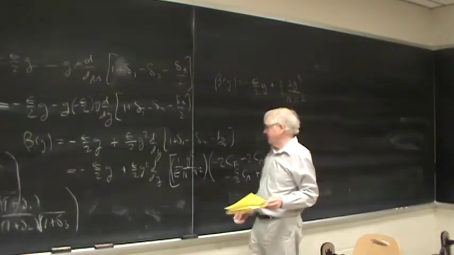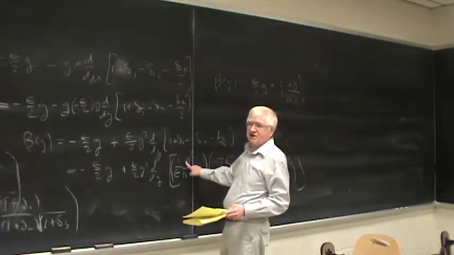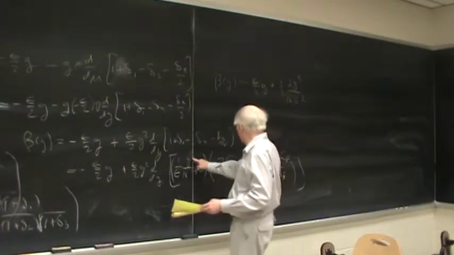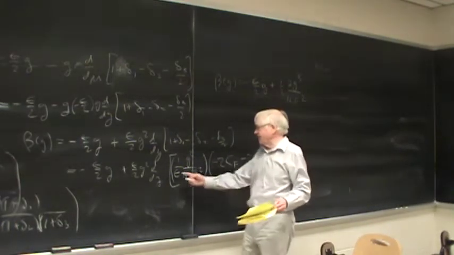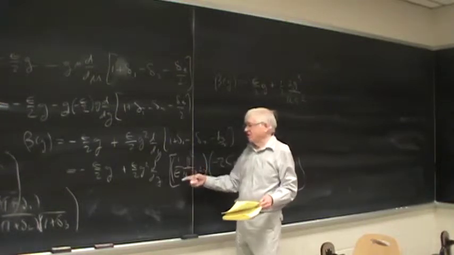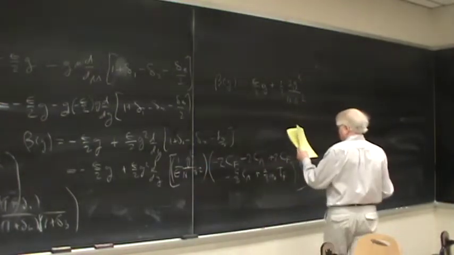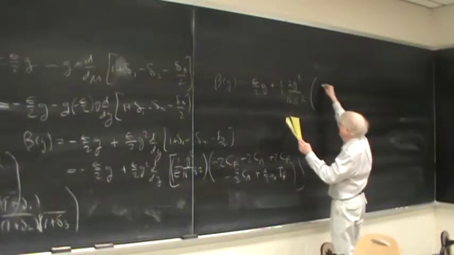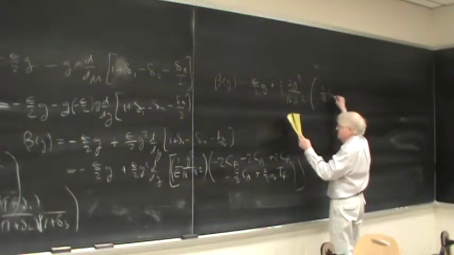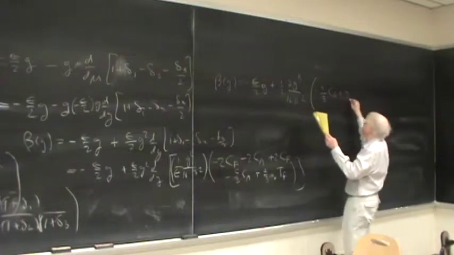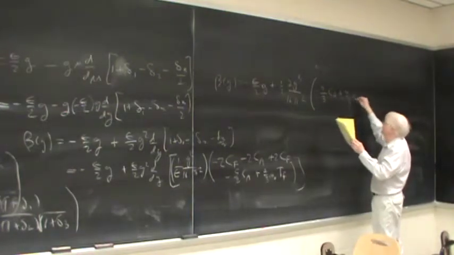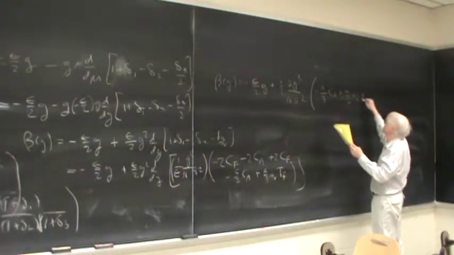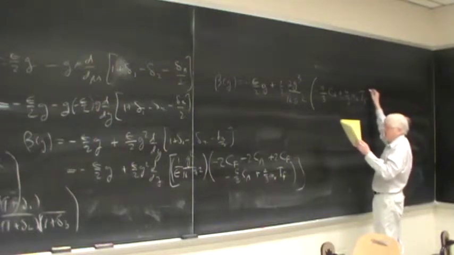So altogether, d/dg is going to hit the g squared. These, of course, are just numbers, so d/dg just gives us a 2g here. The epsilons cancel. And what we have is this, and the rest of this structure here is minus 11/3 C_A plus 4/3 number of fermion flavors times T_F.